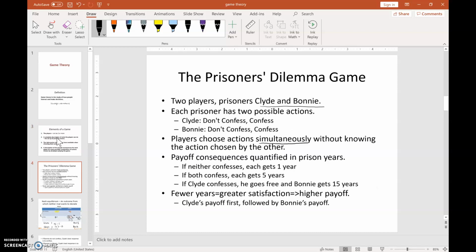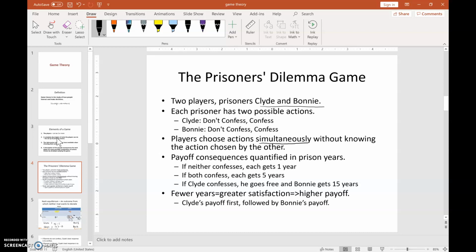In our example, we look at the prisoner's dilemma game where we have two players, Bonnie and Clyde, and each player has two possible actions, either to not confess or to confess committing the crime.